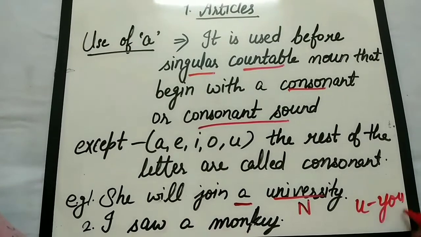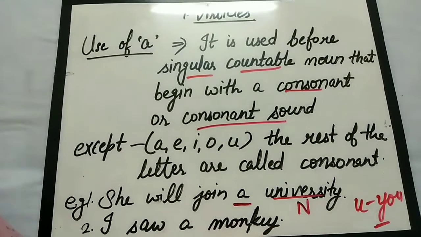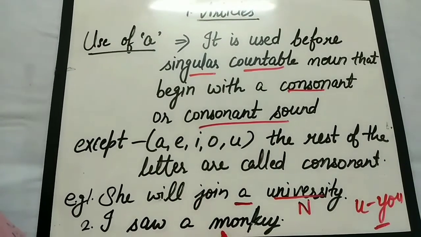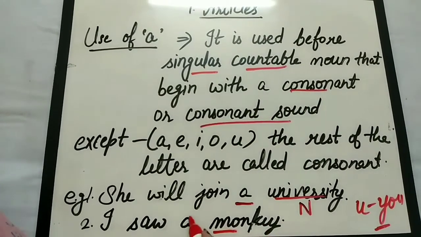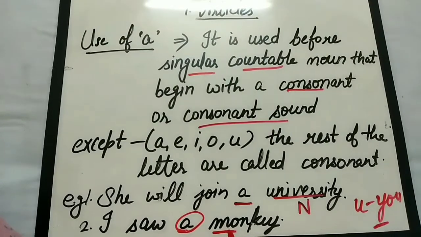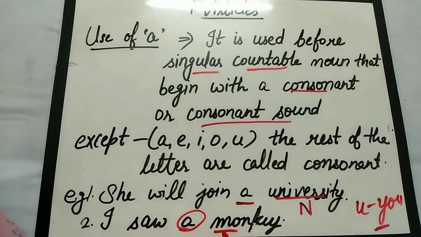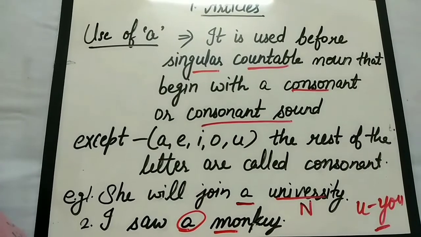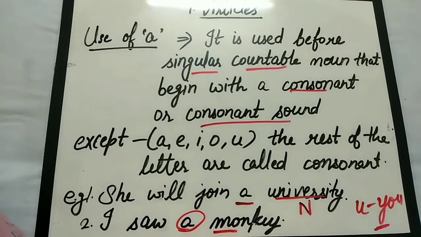That's why here comes a. I saw a monkey. Monkey is a noun, and before this noun we have used a, because monkey gives us a consonant sound. So this is the use of a.